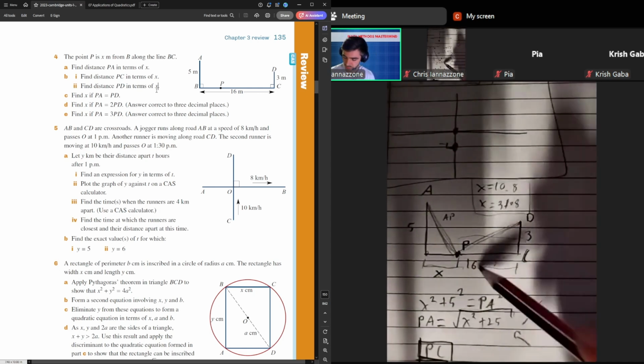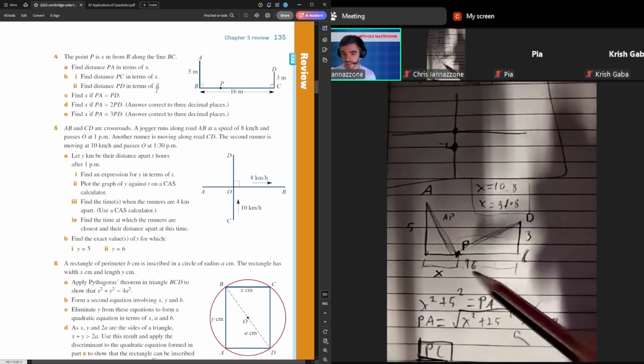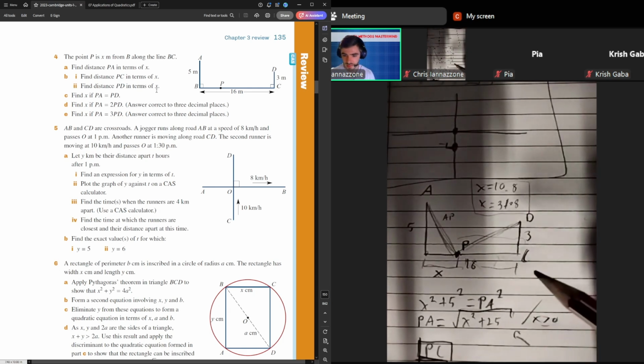Basically, because X is a part of this, you could do 16 minus X is greater than or equal to 0. 16 minus X, yeah, kind of, because that will make X the possibility of negative. Okay, we got 0 less than or equal to X, so basically between 0 and 16.